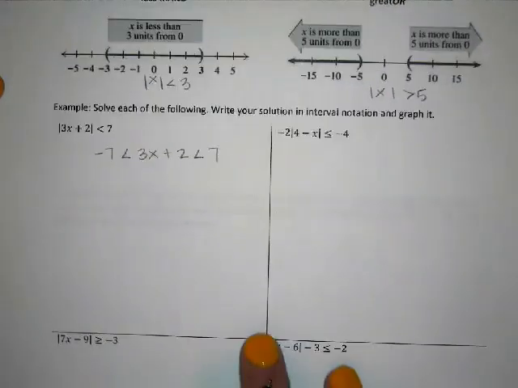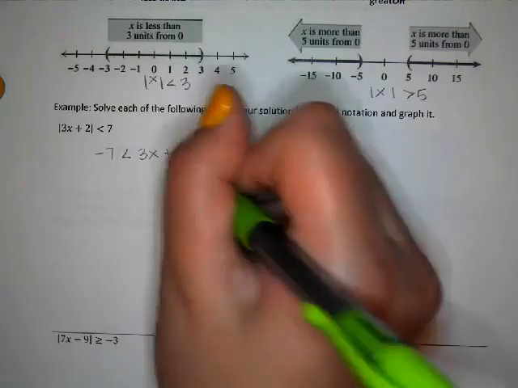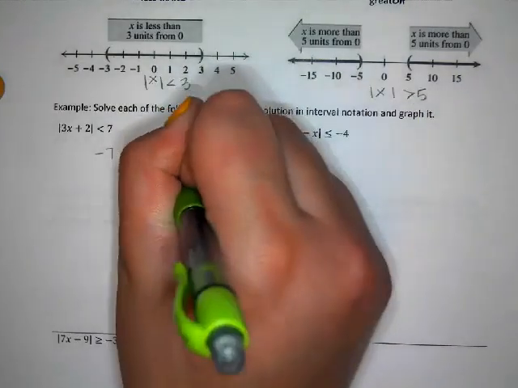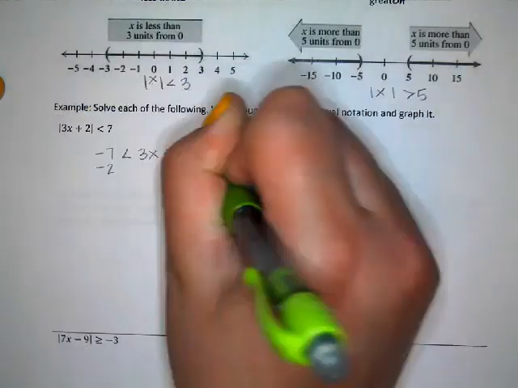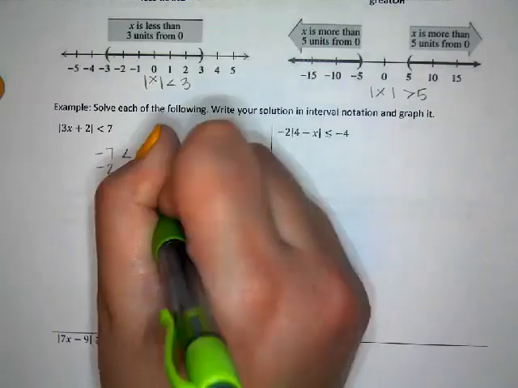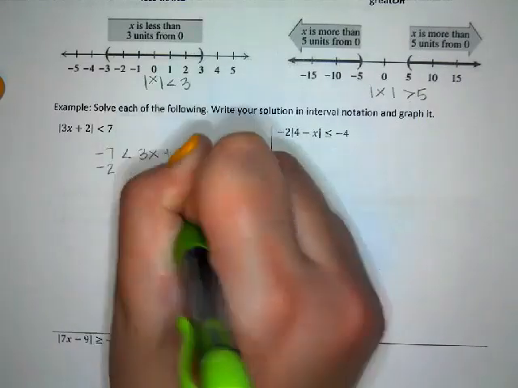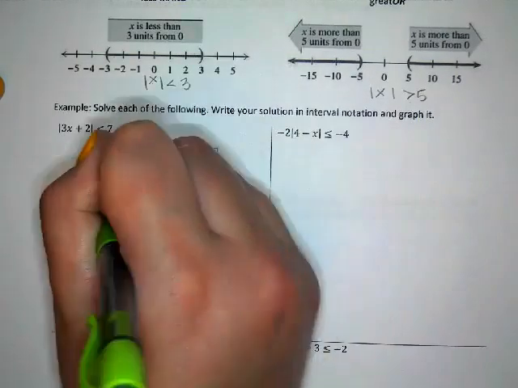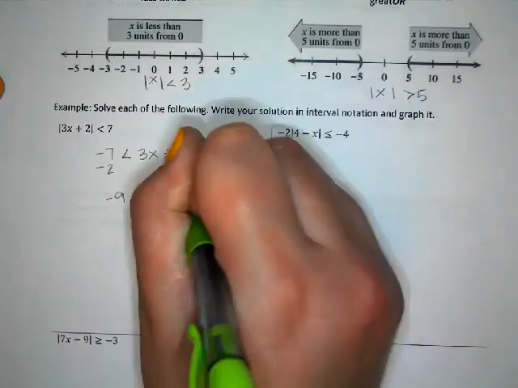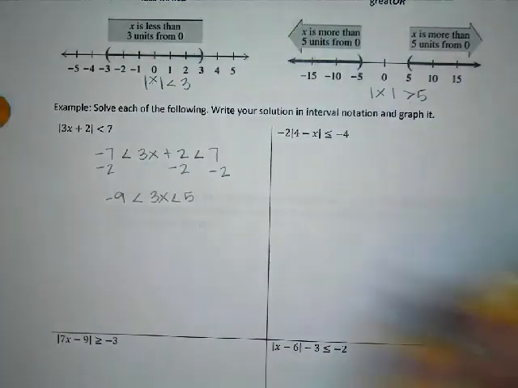And then we can go ahead and just solve the compound inequality. So I'm going to subtract 2 from all of the sides. 3x is in between negative 9 and positive 5. I'll divide by 3.